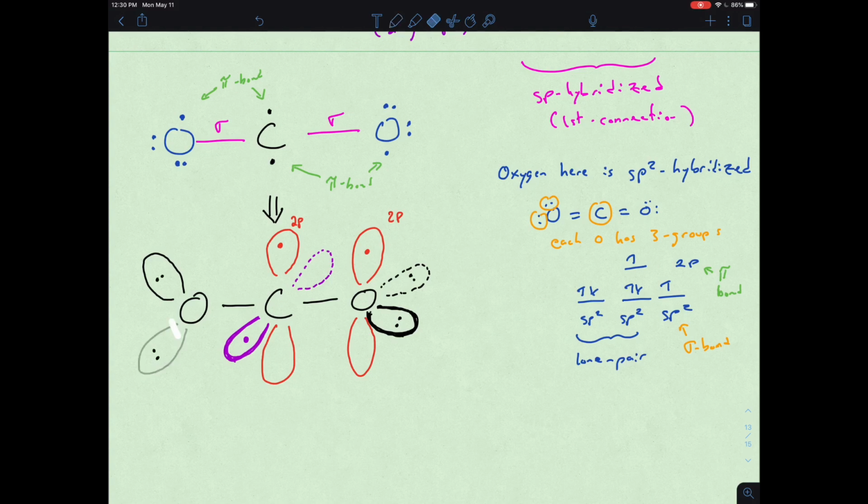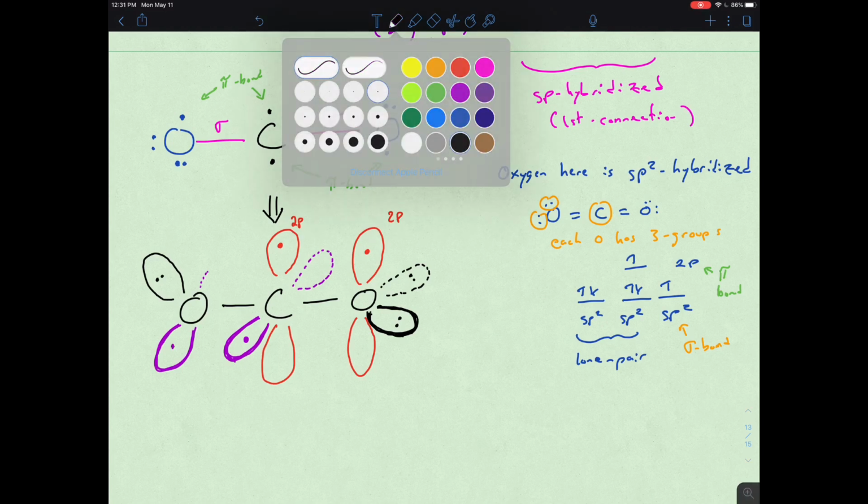And as a result of that, now we have this unhybridized p orbital as well that's now kind of coming out at us and then going back as well. I'm going to try that a little bit differently here, to get it to match what I want it to match. So kind of like that.